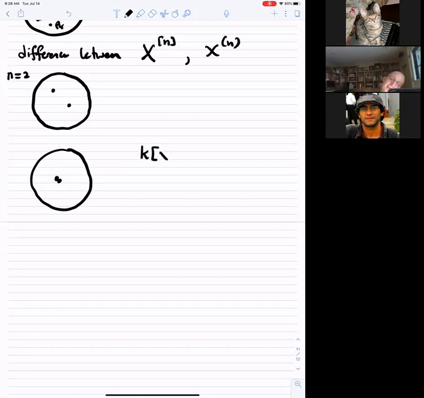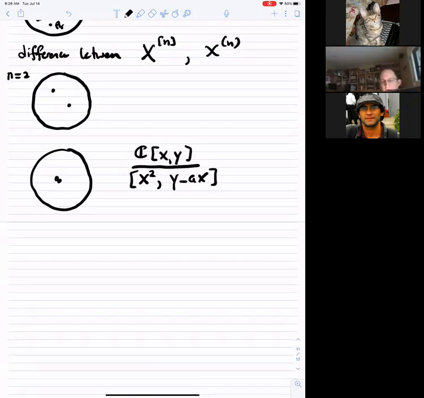If you have k[x,y], so I guess we're doing C[x,y], here is something that I can do: I can take the ideal generated by x squared and y minus ax. If I look at this thing, the dimension of this vector space is 2. So it's something generated by x squared and y minus ax, which is supported at the origin.